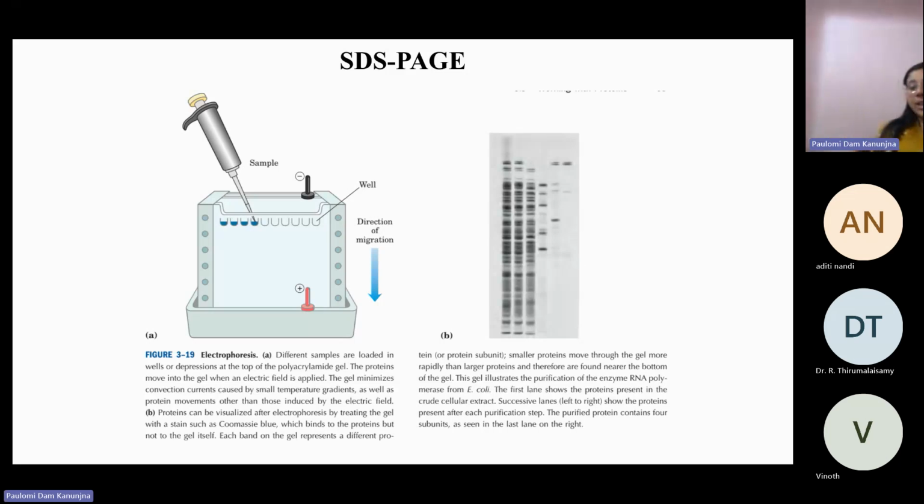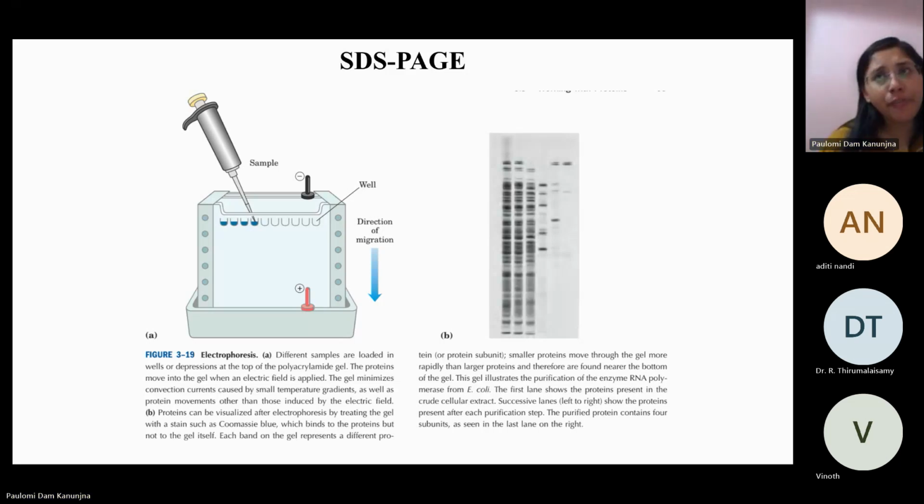Let's quickly look into the second topic of this week, which is SDS-PAGE. We have looked into protein, we have understood protein structure, and how the pH works. Now what we are trying to understand here is how to look into these different kinds of proteins, how to visualize them, and how to work with them in the lab.